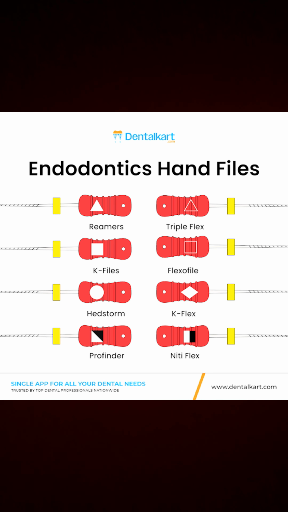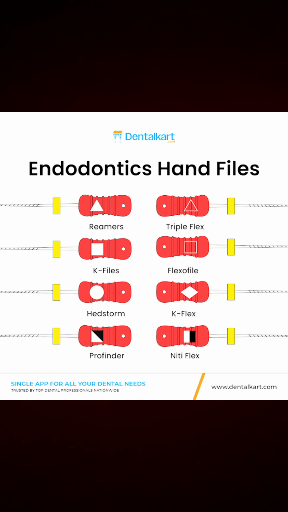Next one is Hedstrom file, which is called H file, manufactured from round stainless steel wire machined to produce spiral flutes resembling cones or screws. This instrument has a higher cutting efficiency than K instruments, but it is fragile and easily fractured.